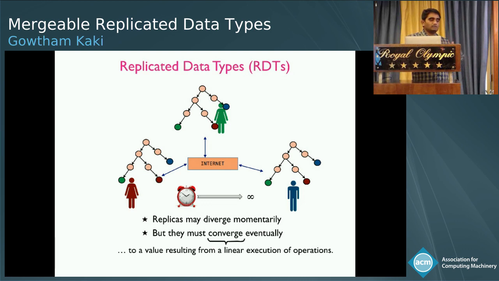The best way to capture that restriction is to say that the value has to be equal to the result of some linear execution of all the operations. So that's what replicated data types are, and those are the restrictions that we impose on them. Let's see how easy or difficult it is to build replicated data structures that conform to these requirements.